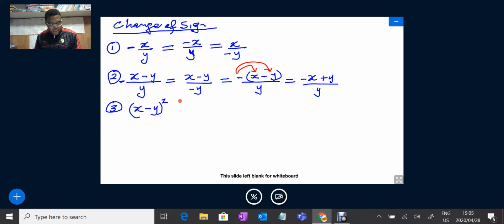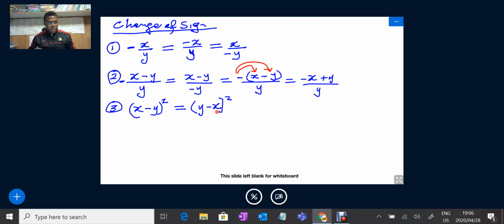So here we can have this case whereby I say y minus x all squared. These two expressions are equal. Why am I saying that these two expressions are equal?